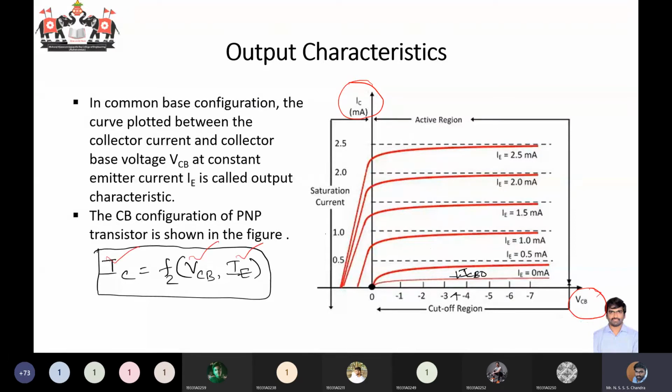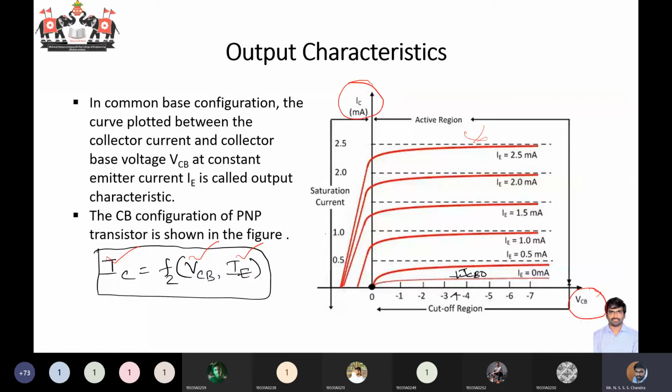But if you observe the graph, most portion of your graph is more or less flat. Isn't it flat? Please observe and tell me. Your graph is almost horizontal, right? Slope is almost parallel to the x-axis.